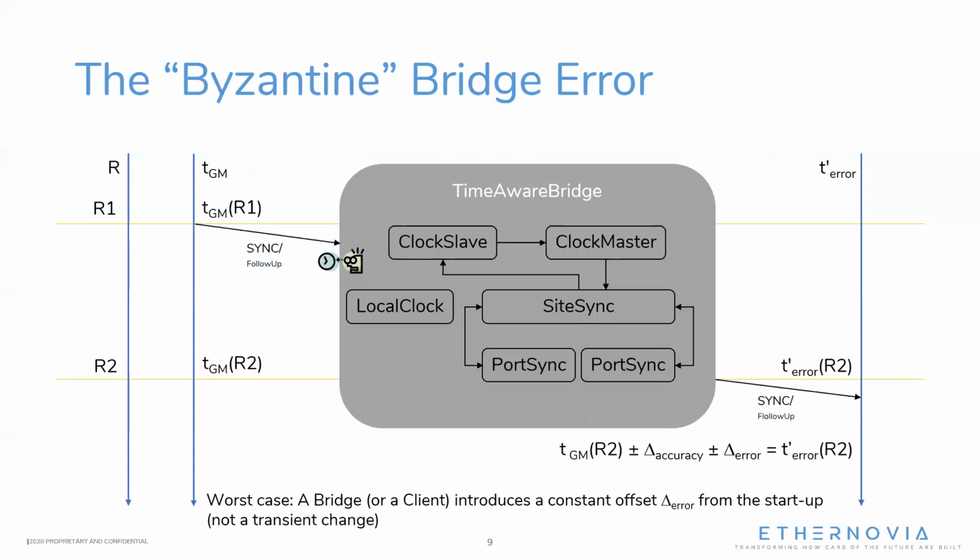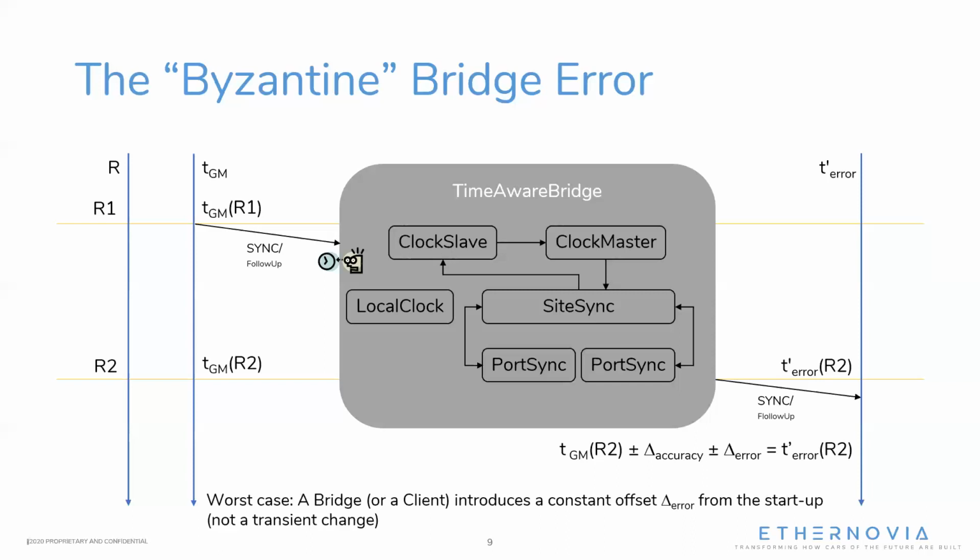Now, if this bridge adds a term delta error to what it sends out at time R2 in comparison to how the actual grandmaster synchronized clock would have proceeded, as you see on the left-hand side, then the clients or the bridges on the right-hand side live in a time zone, so to speak, that is off by delta error.